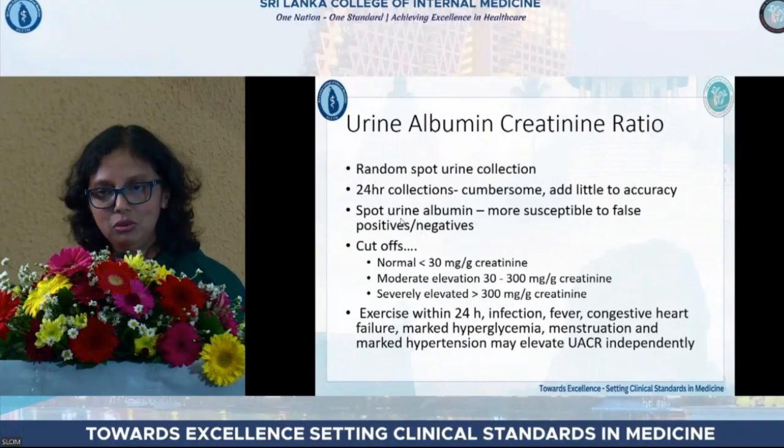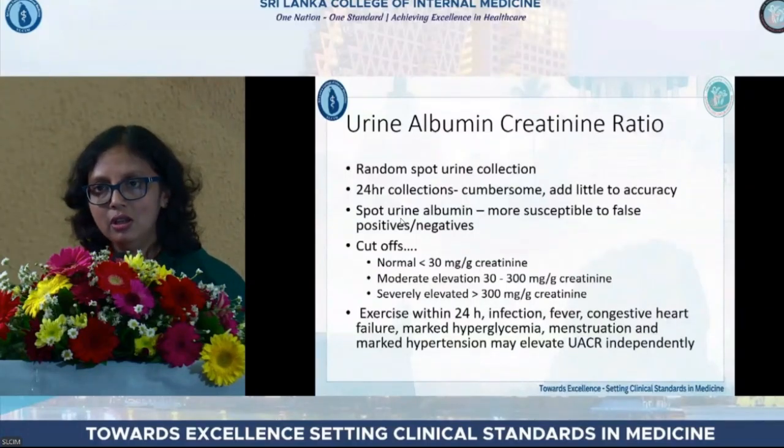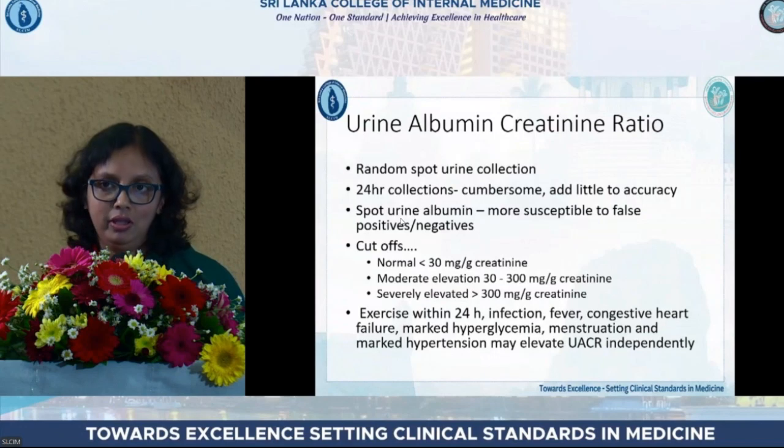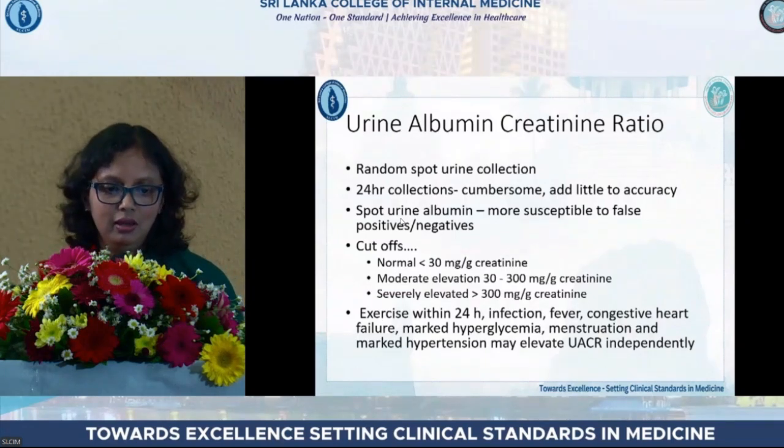So the one that we do have is a spot urine albumin. But the difference between a spot urine albumin and a urine albumin creatinine ratio is that the urine albumin is more susceptible to getting false negatives and positives. So if the spot urine albumin becomes positive, we have to end up doing a UACR anyways. So that's why they recommend might as well do the UACR in the first place rather than doing 2 tests.